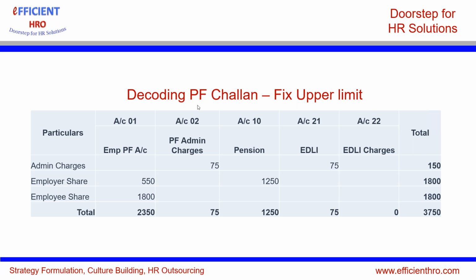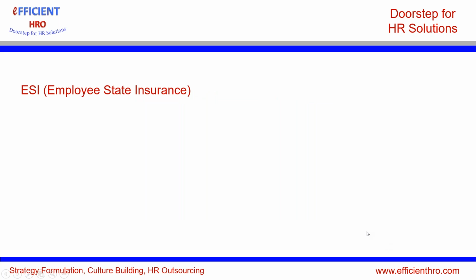Okay, fine. So this is what we were discussing about PF till now. Now what comes is ESI. ESI is Employee State Insurance. As I told you, ESI is basically a healthcare benefit.